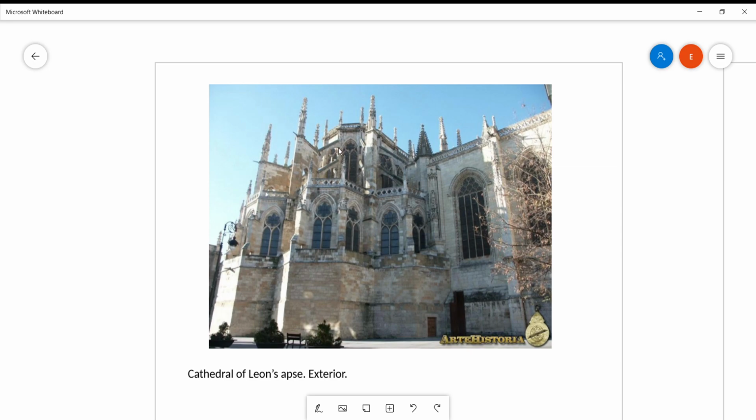You can also see how the flying buttresses are allowing the light inside the church, okay. If we only have the buttress attached to the wall, it would be much more difficult for the light to come in, okay.